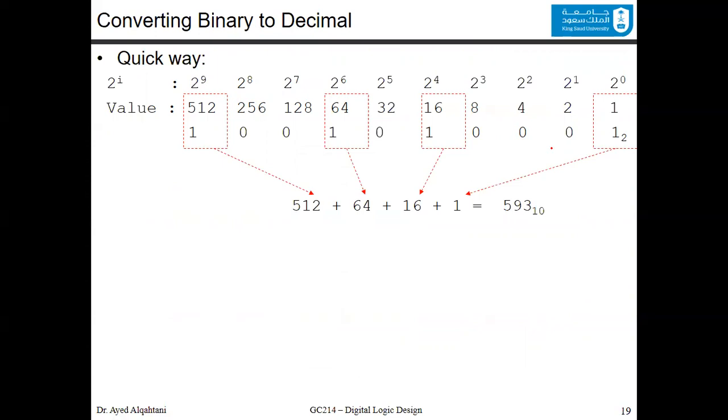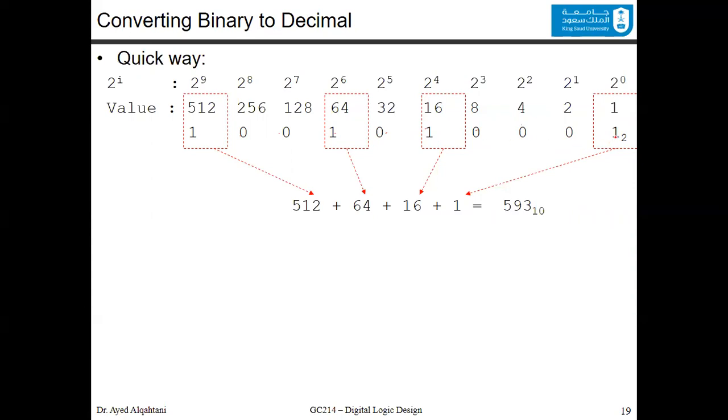This is the long number in binary. It has 1, 2, 3, 4, 5, 6, 7, 8, 9, 10 digits. A binary number with 10 digits, or what we call 10 bits.